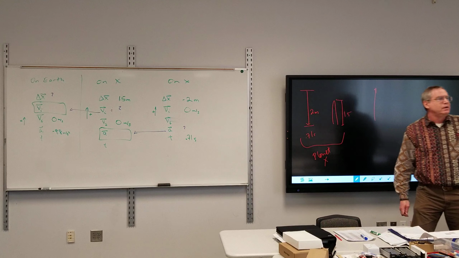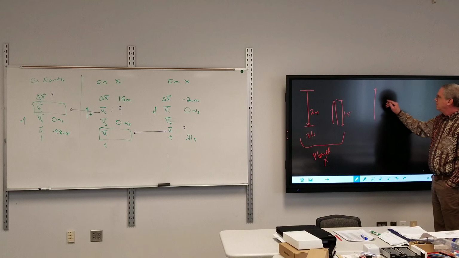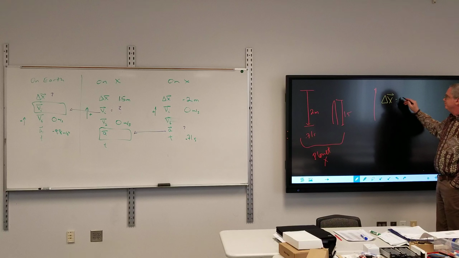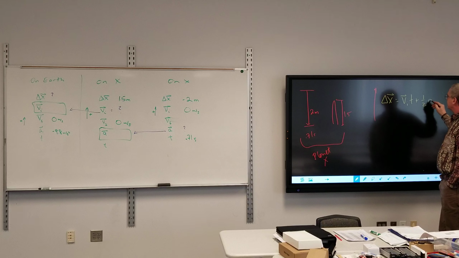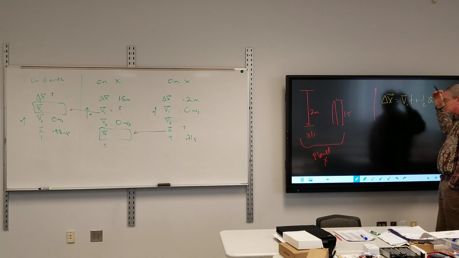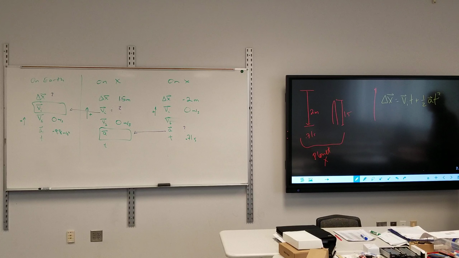Which equation? Delta x equals dx equals 5. So we have -2 is equal to 0 plus 1/2 negative g squared.